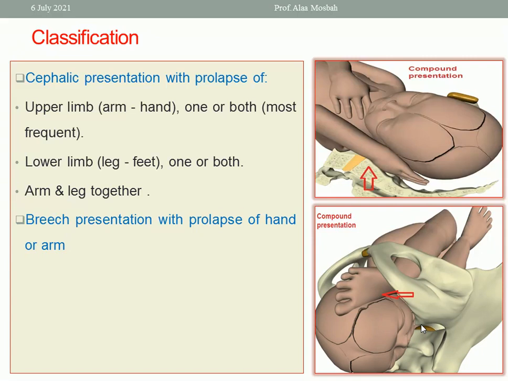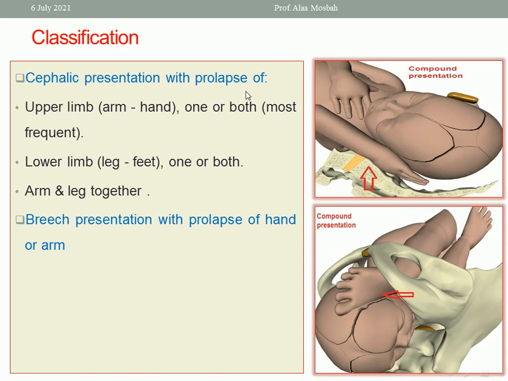Cephalic presentation with prolapse, and the breech presentation with prolapse of hand or arm. So I can see either arm beside the presenting part or leg. Okay? So we can divide compound presentation into two main groups.